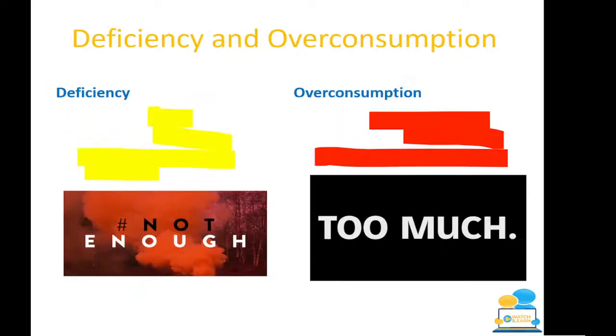So deficiency and overconsumption. Deficiency means, as this picture says here, you're not getting enough to support your well-being. Overconsumption means you're eating too much of something, and eating too much is never good either. Deficiency with your carbohydrates will only occur with fibre. It will not occur with starch or sugar.